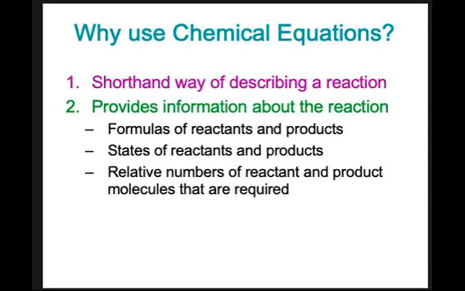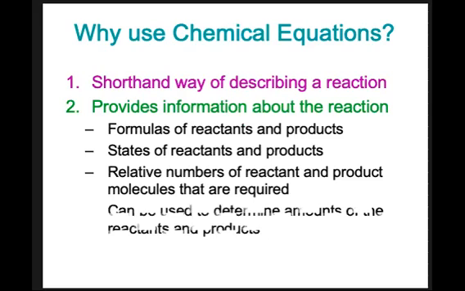And we have the relative numbers of reactant and product molecules that are required. So with a chemical equation, it will also help a chemist determine the amount of the reactants and the product needed for that chemical reaction to work.